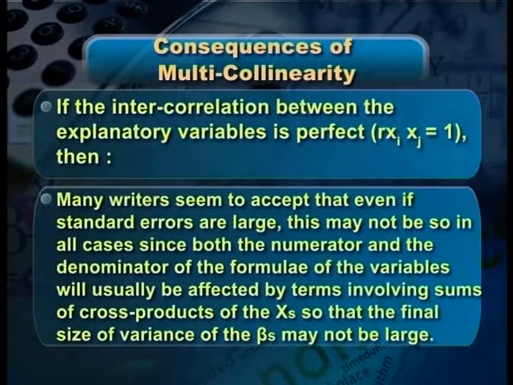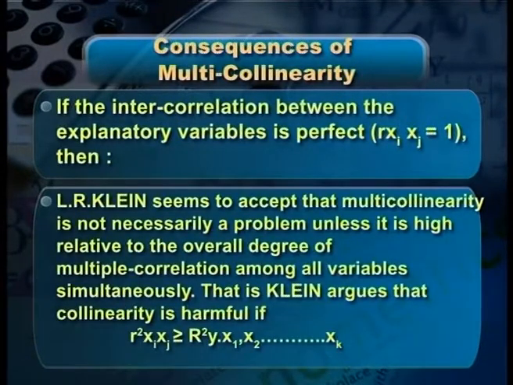Many writers seem to accept that even if standard errors are high or large, this may not be so in all cases, since both the numerator and the denominator of the formulae of the variances will usually be affected by terms involving sums of cross products of the x's, so that the final size of the variance of the betas may not be large. For instance, I would like to quote L.R. Klein's comments here.